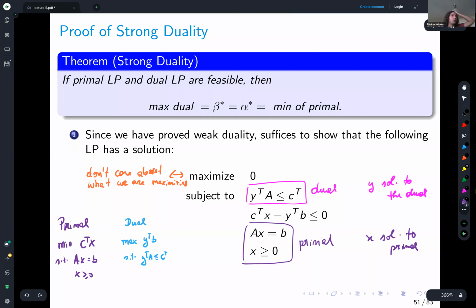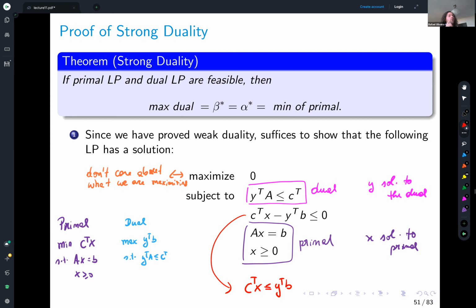But there's this extra little inequality here. And what is this inequality? Let's unpack. If we rewrite it, we get C transpose X less than or equal to Y transpose B. But you might say, Rafael, wasn't weak duality giving us the other inequality? And the answer is yes.